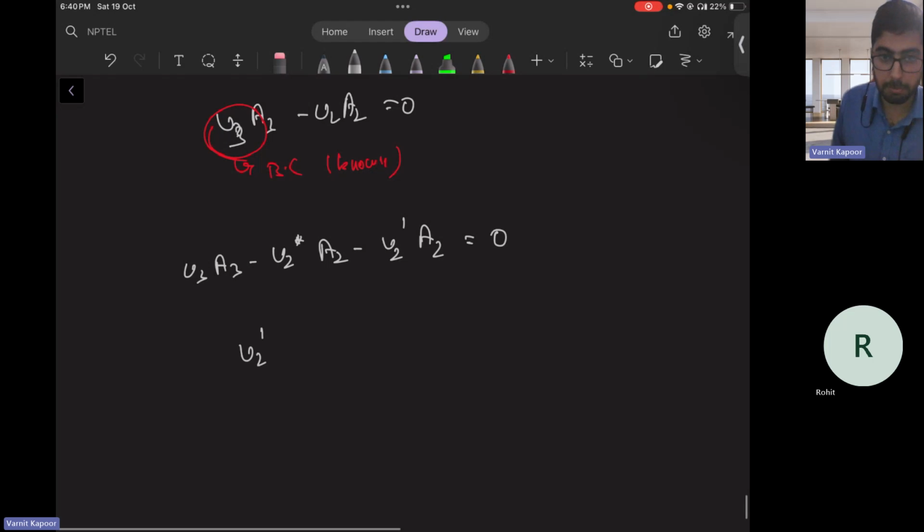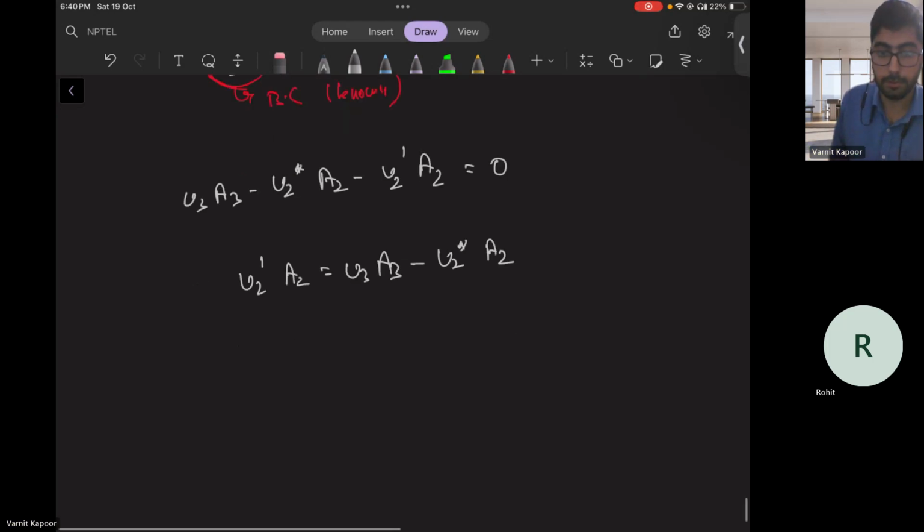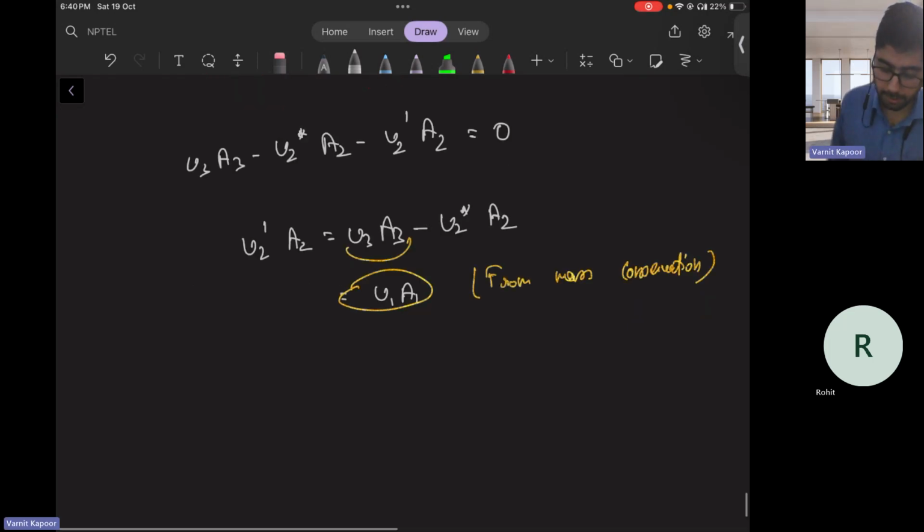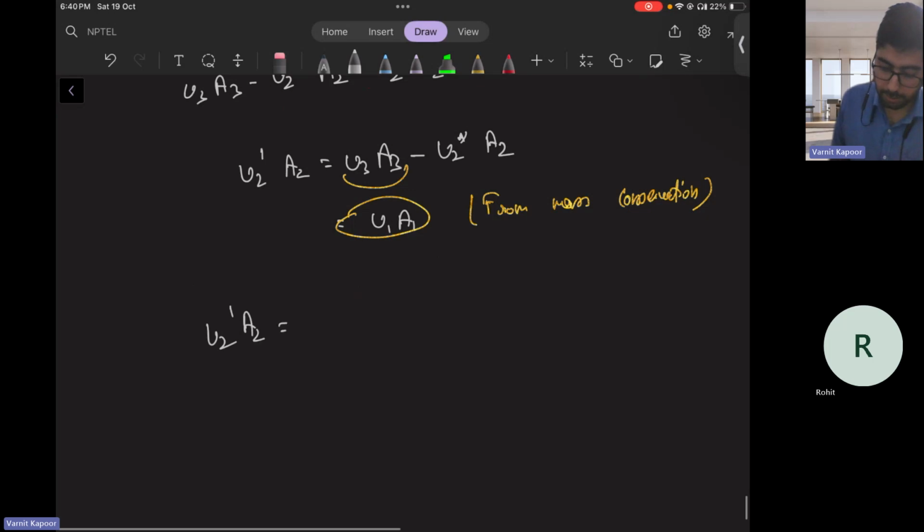So U3 A3 minus U2 star A2 minus U2 prime A2 is equal to 0. So from here, U2 prime A2 is U3 A3 minus U2 star A2. So that will also be equal to U1 A1 from mass conservation. So you can write U2 prime A2 as U1 A1 minus U2 star A2.